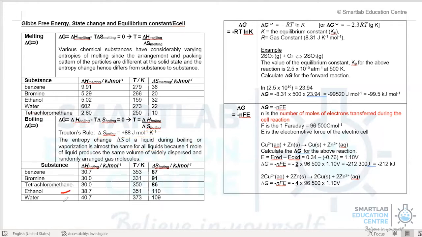In the case of ethanol and water, there's a deviation from the value, primarily because ethanol and water molecules could form intermolecular H bonds. So the intermolecular H bonds will allow ethanol and water to have a significantly lower entropy in the liquid state. So during boiling, the change in entropy will be higher than your plus 88 joules per mole per Kelvin.